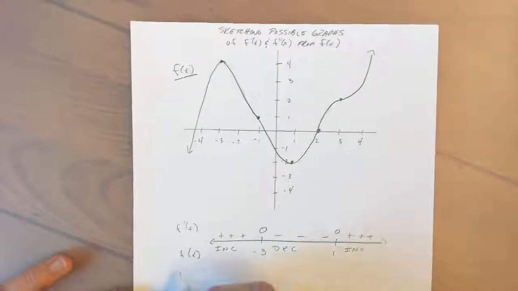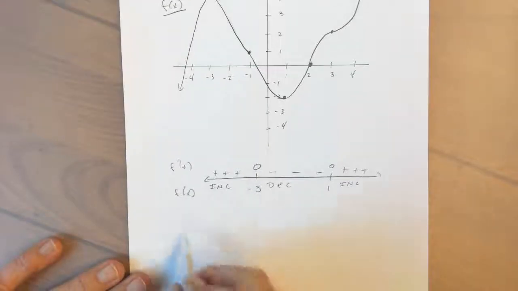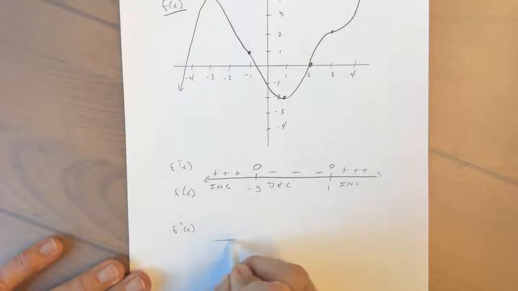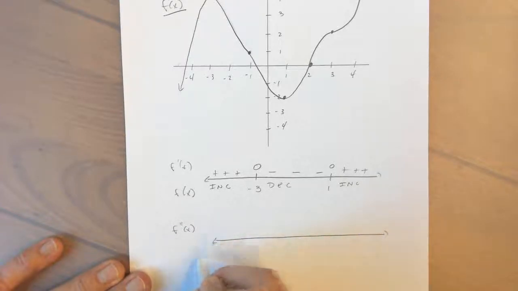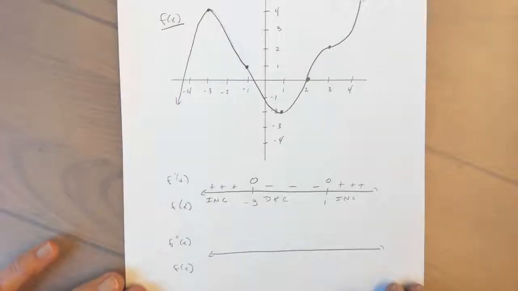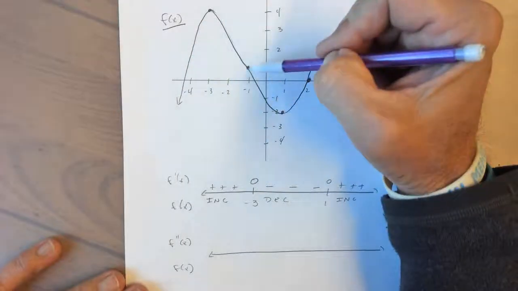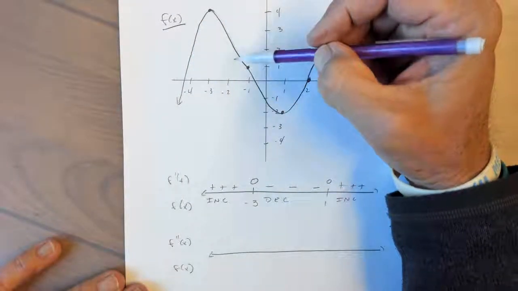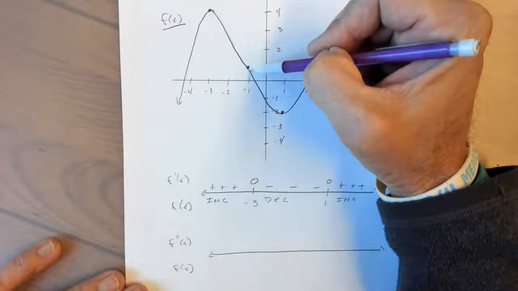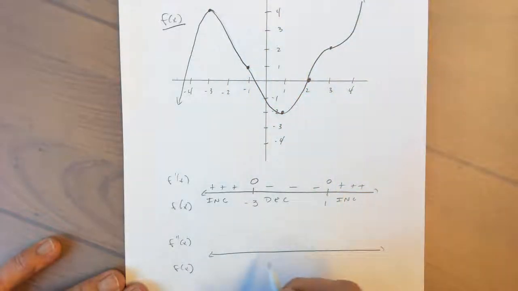Now we're going to look at the second derivative, and we're looking at the concavity. And so notice, and this one isn't as obvious, I didn't draw that very well, but from negative infinity all the way to negative 1, the graph is concave down.